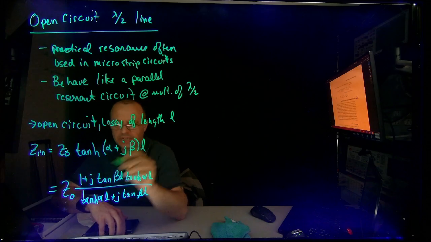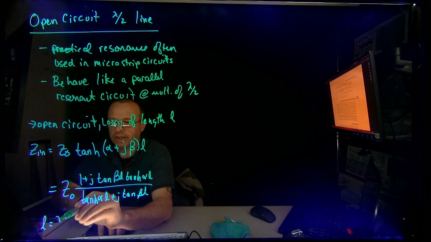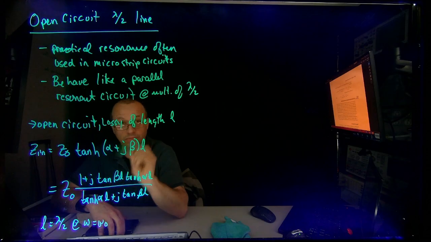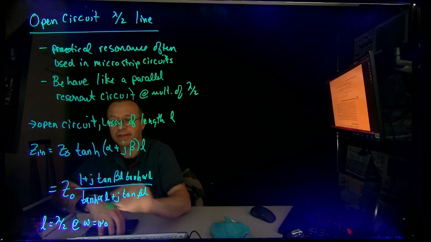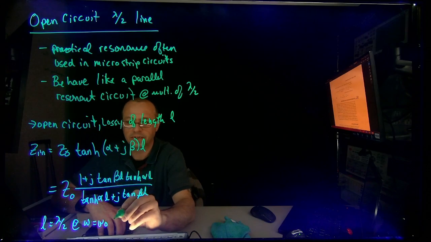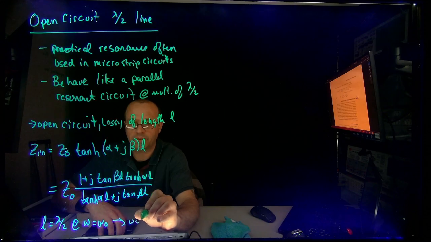All right. So as before, we have L equals lambda over 2, and this is at omega equals omega naught. So our resonant frequency is at our length of lambda over 2. But we do want to replace omega equaling omega naught with omega equals omega naught plus some delta omega.